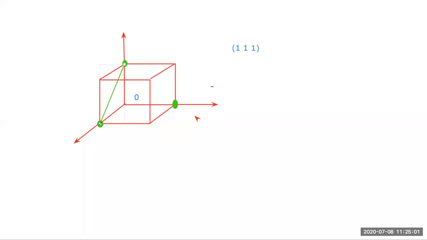So this is 1, 1, 1, and indicate it with hatch lines. This is the plane 1, 1, 1, a triangle in the 3 coordinate system.